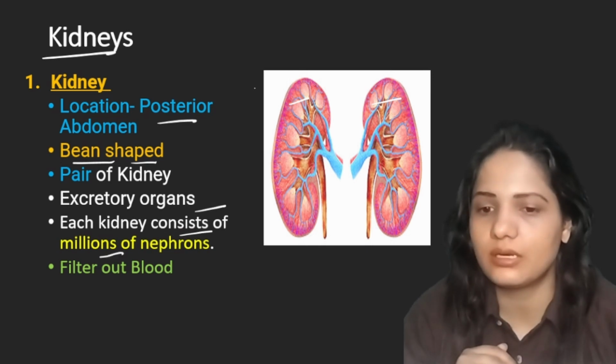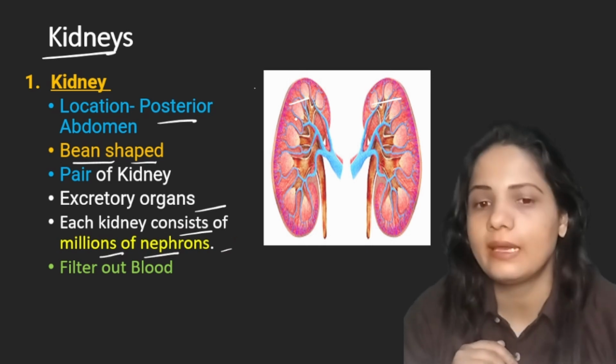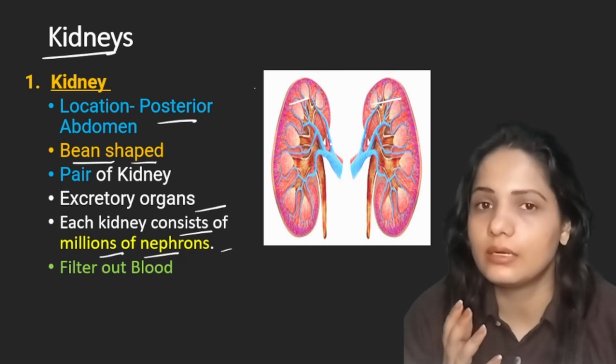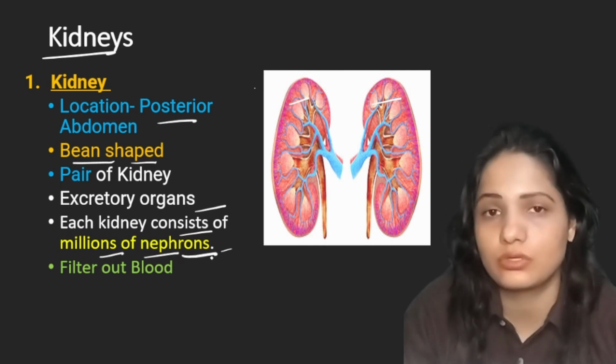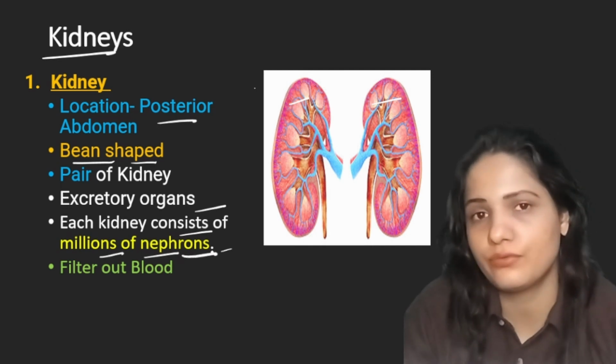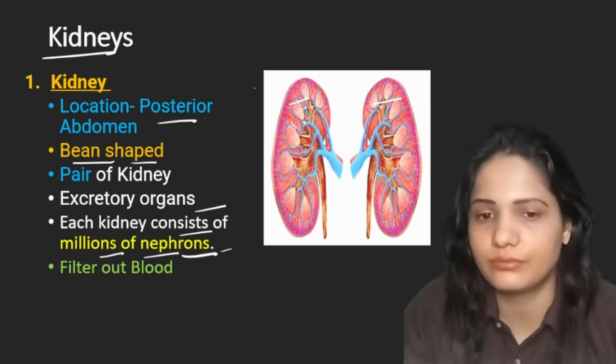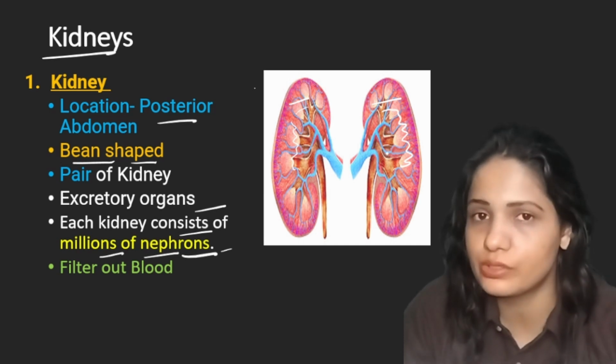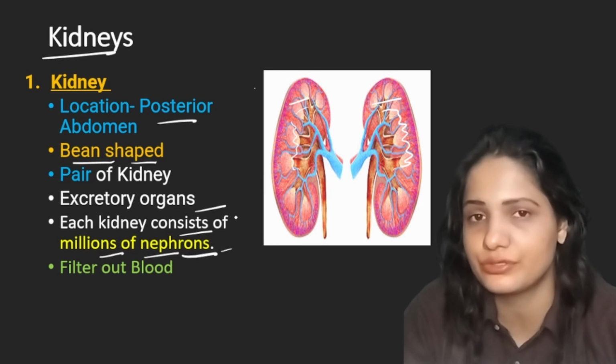Each kidney consists of millions of nephrons. This is the external structure of the kidney, and if we look inside the kidney, over a million nephrons are present. So inside the kidneys, we have these structural and functional units, nephrons. This is important and we will be discussing nephron in detail, the structure and function, in an upcoming slide.